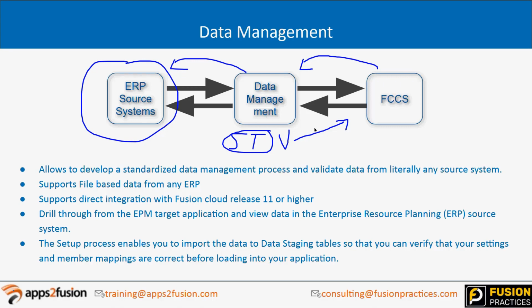Okay, and in consolidation application, another thing that happens is called topside journal adjustments. So if there are some entries that got missed in the source system, or in some cases there will always be entries that are posted into FCCS directly, those are called topside journal adjustments. Now these topside journal adjustments need to go back into the ERP system.